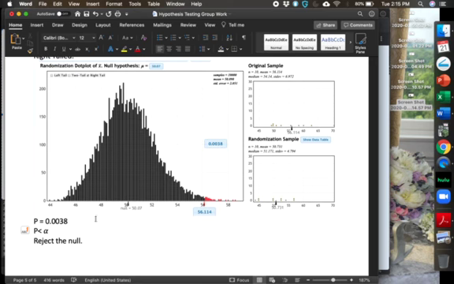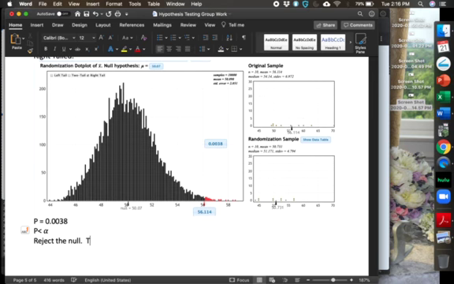The probability that if the true average price was $50.07, the probability that my sample average of $56 and just over 11 cents, having an average price of that or higher, it's about 0.4% chance. Very unlikely.